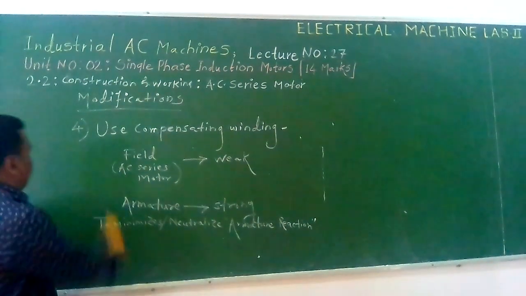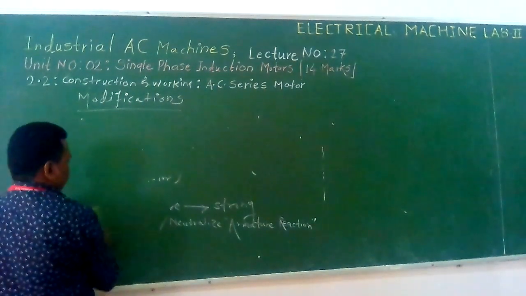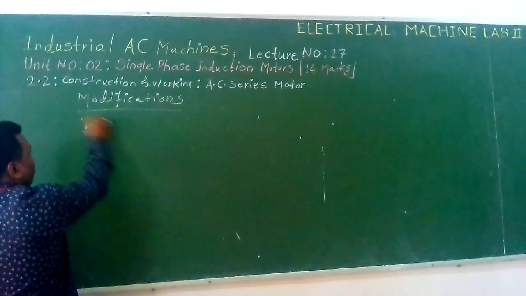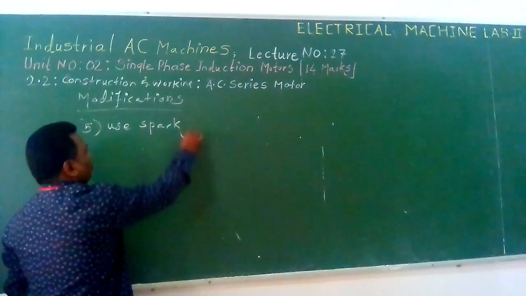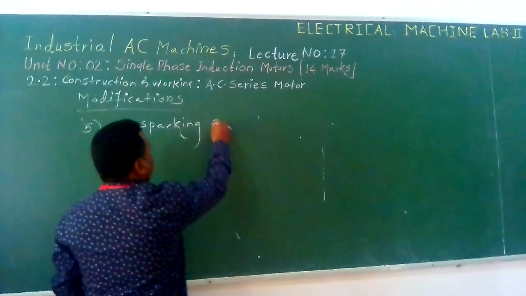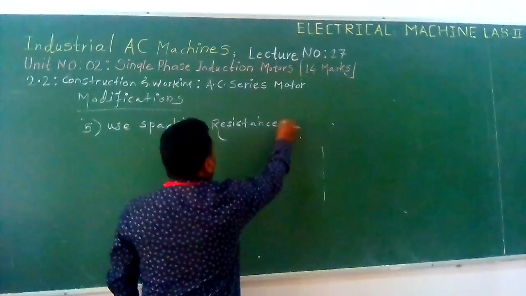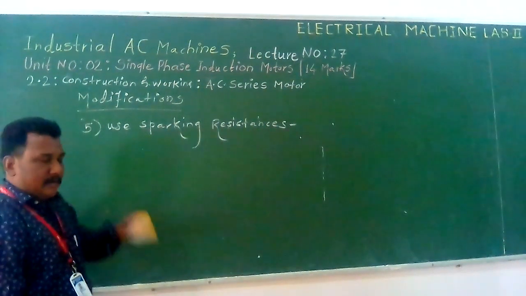Now the fifth type of modification is to use sparking resistance. Here, what happens?